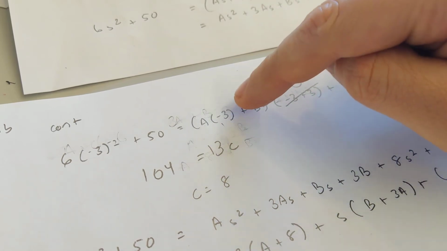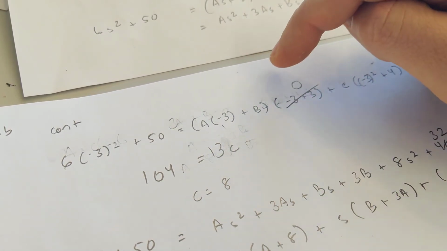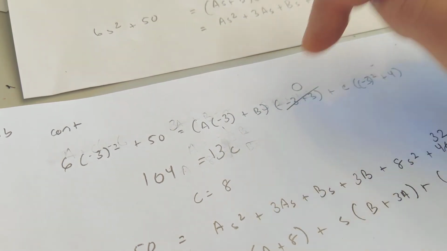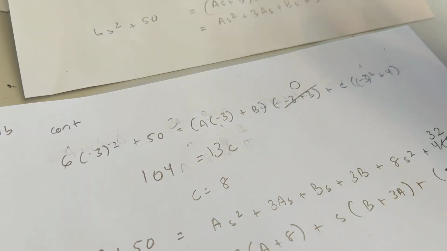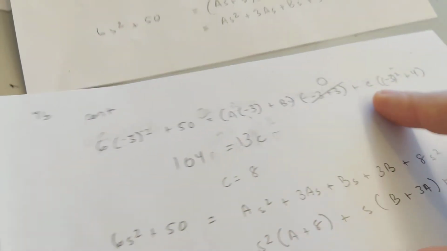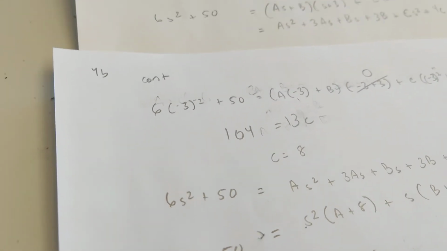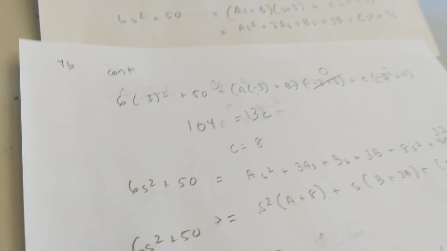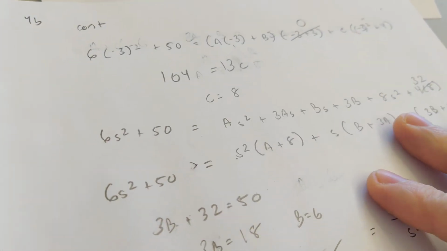So A times minus 3 plus B times minus 3 plus 3, that all is 0. C times minus 3 squared plus 4, so 13 times C equals 104, C equals 8.